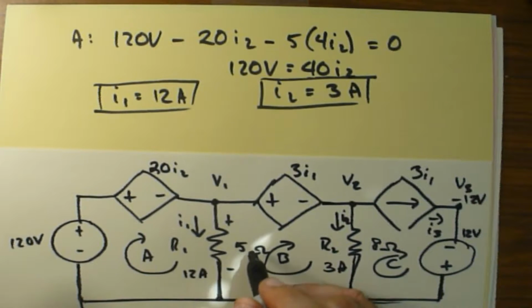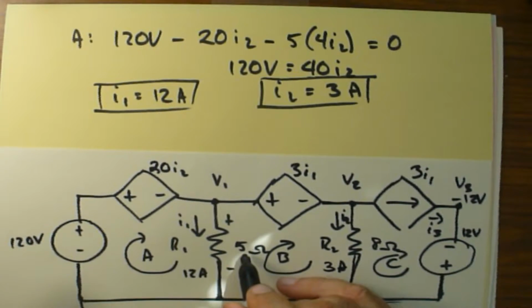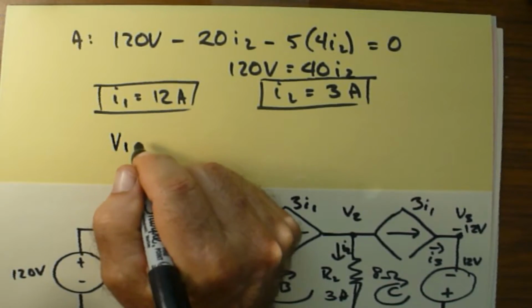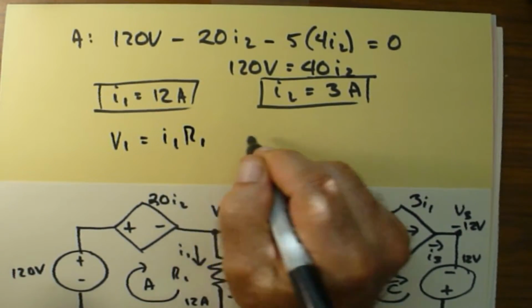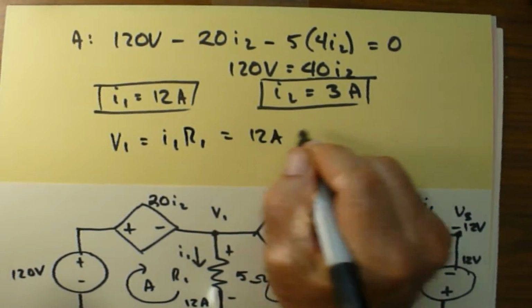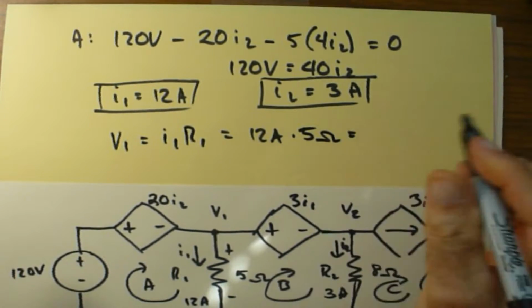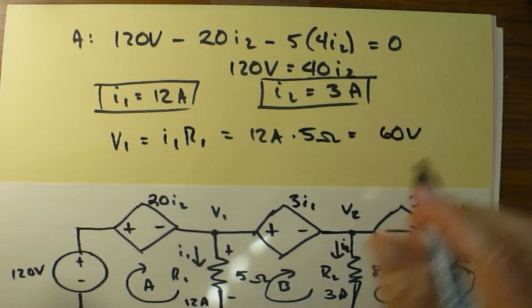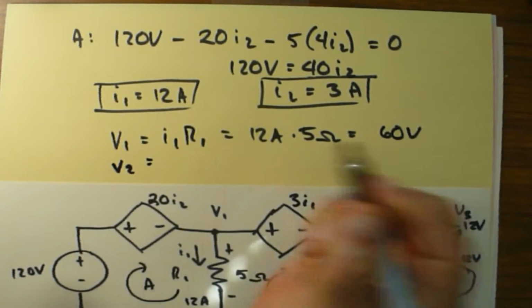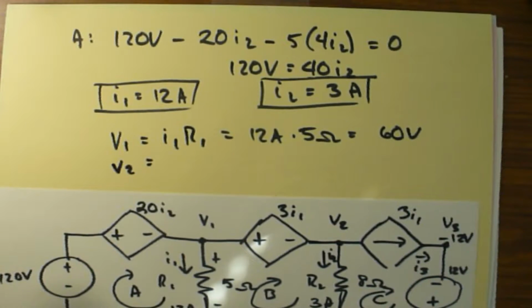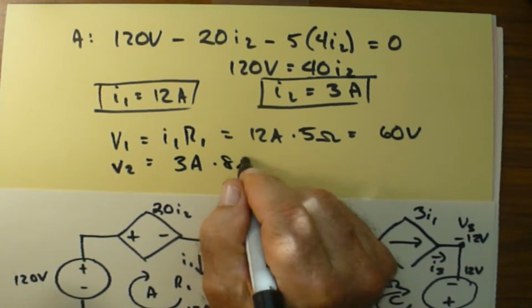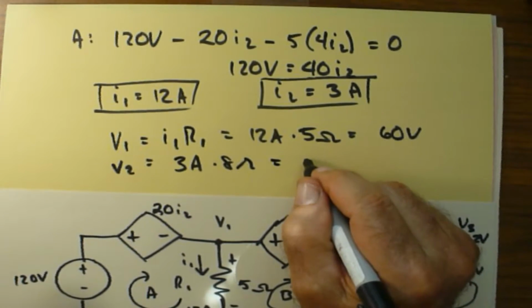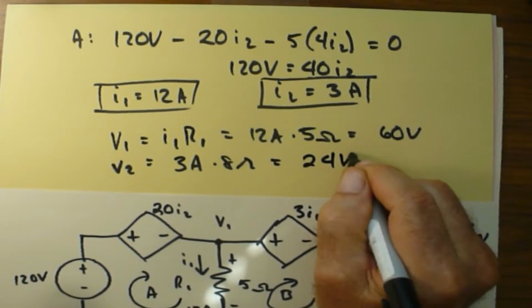So V1 is equal to I1 times R1, which is 12 amps times 5 ohms, which is equal to 60 volts. And then of course V2 is just as easily solved: 3 amps times 8 ohms, which is equal to 24 volts.